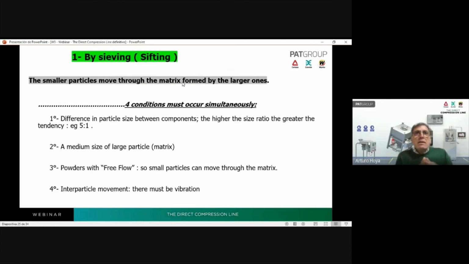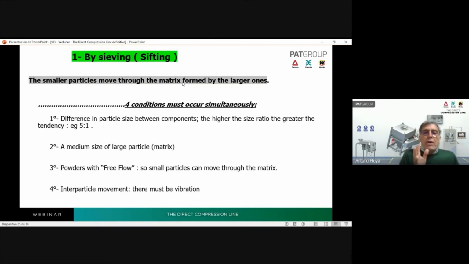Let's imagine you have a formula with API with a size on the order of 10 to 30 microns, and the excipients have 100 microns and more. Well, the difference is important. Not only the difference in size, but the difference in shape, and the difference in density.